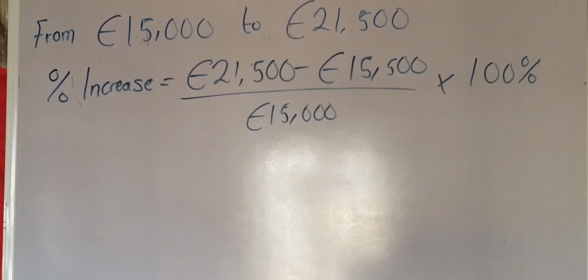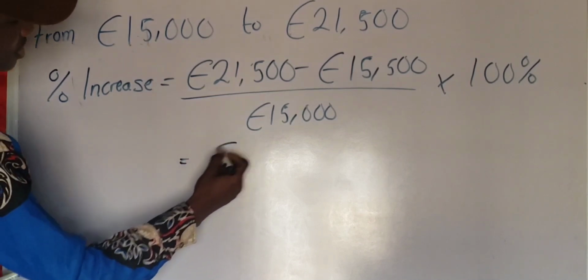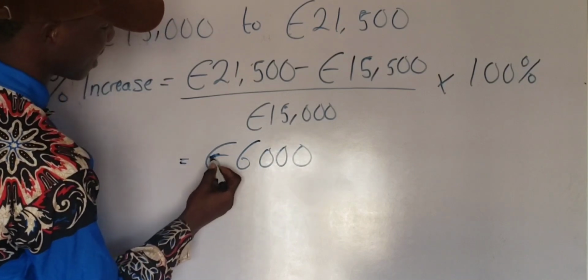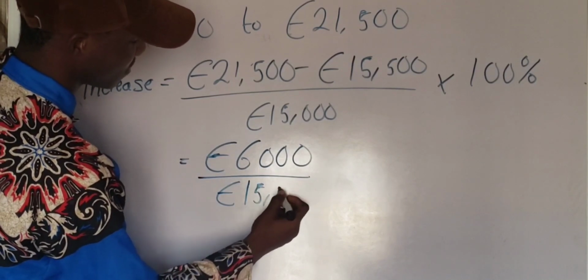Now, what's the difference between 21,500 and 15,500? The difference is 6,000 euro. So this will be 6,000 euro, this is the sign for euro, okay? All over 15,500.